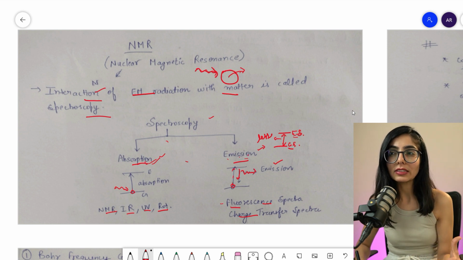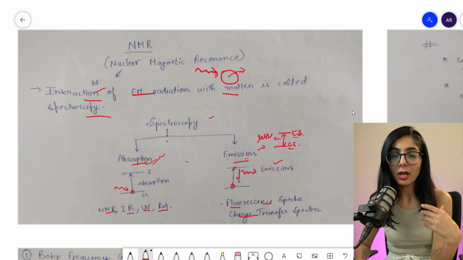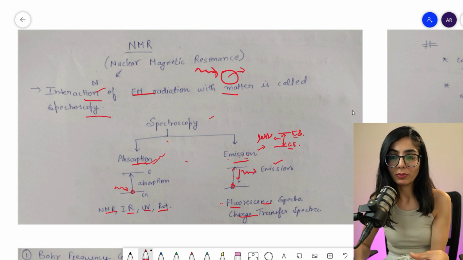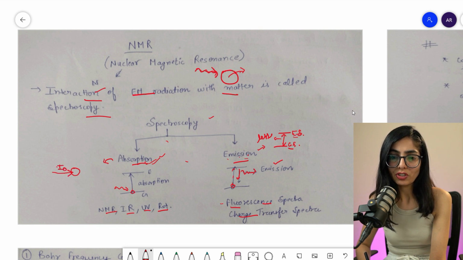And another difference, although on the next slide I've written other differences, but these are very prominent ones which just hit my mind. So there is one more difference in absorption and emission. In absorption, whenever a matter is there and a radiation is coming over here, suppose I naught, it will transmit some radiation and then the detector will be placed at 180 degrees over here.